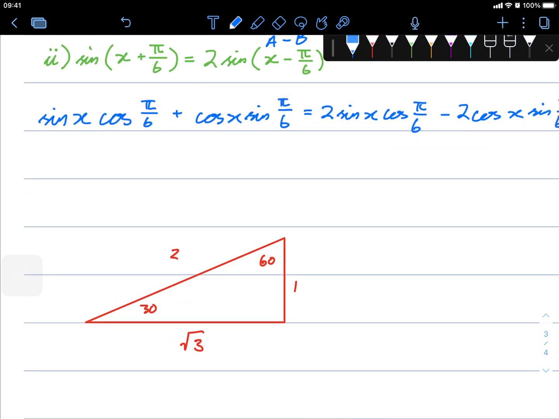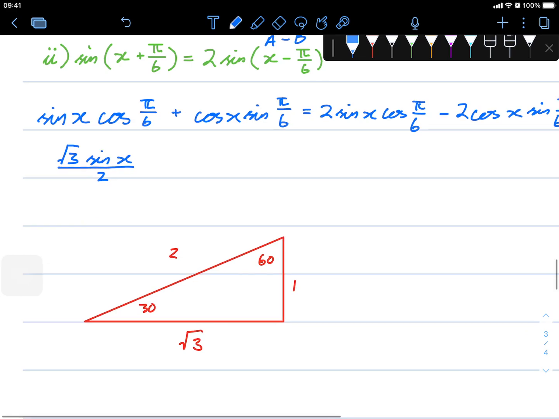So sine x times root 3 on 2. But that there can be simplified as root 3 sine x on 2. Same deal for this one.